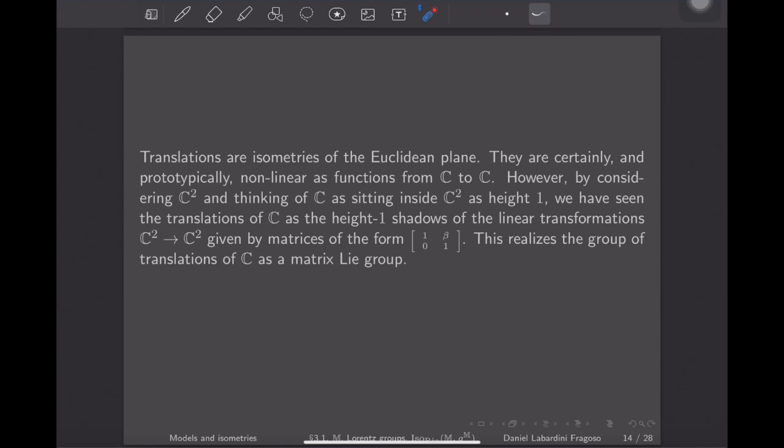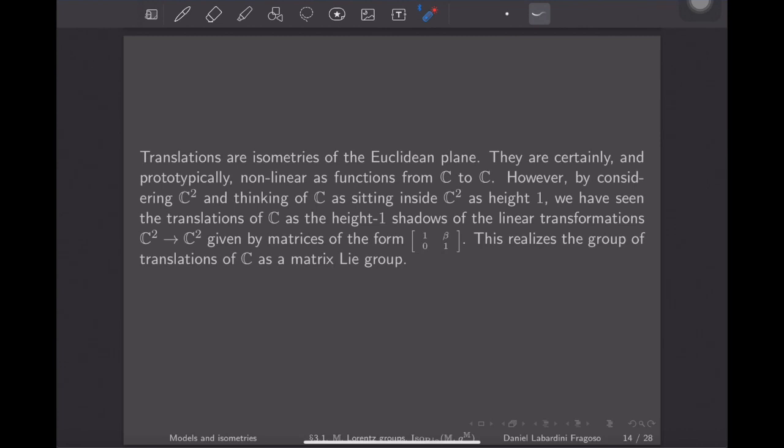For instance, forget a little bit about the hyperboloid, and just consider the translations of the Euclidean plane. They form a group. Translation by beta followed by translation by beta prime is translation by beta plus beta prime.